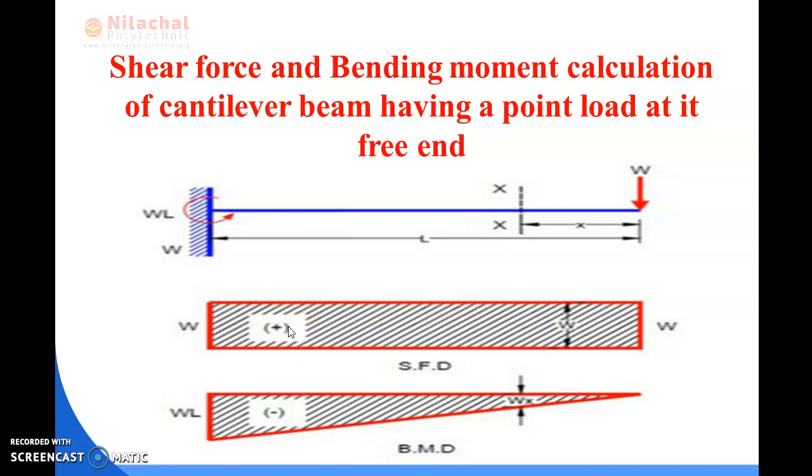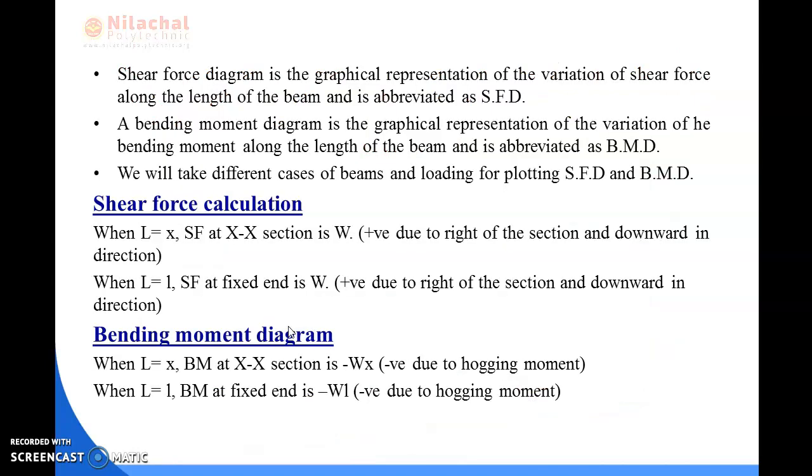Okay. So now comes to the bending moment diagram. In case of bending moment, you can see there are also two types of case. First one is your length equal to X and second one is your length equal to the total length of the beam.